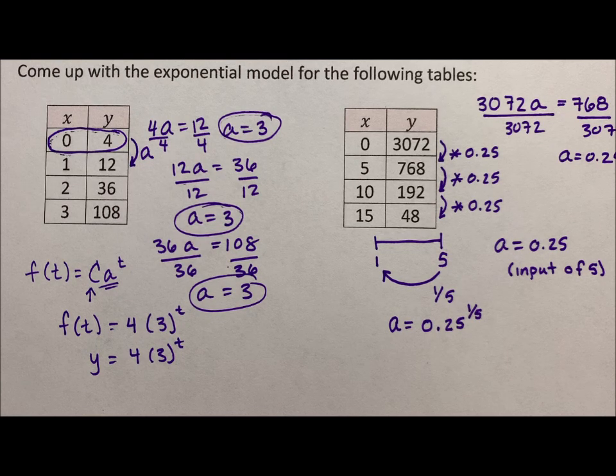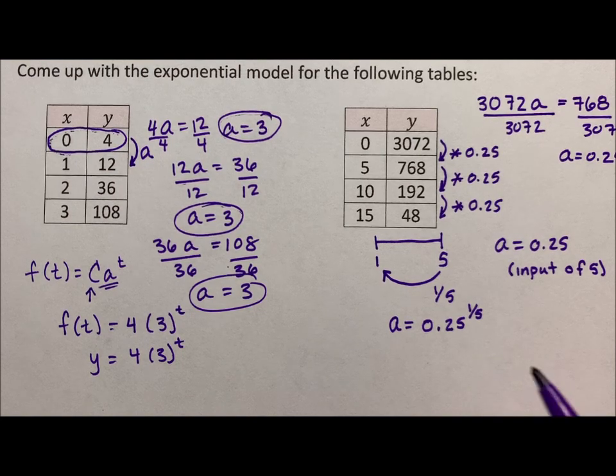You just need to know the directions that you're following to know if you leave it like this or if you actually type in your calculator 0.25 to the 1/5. It is teacher specific. I have videos out there that go to the decimal. I have videos that leave it as a fraction. I have both types out there. You just need to figure out which you are being asked to do.